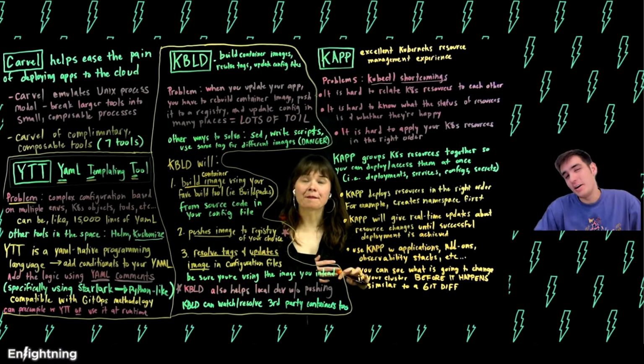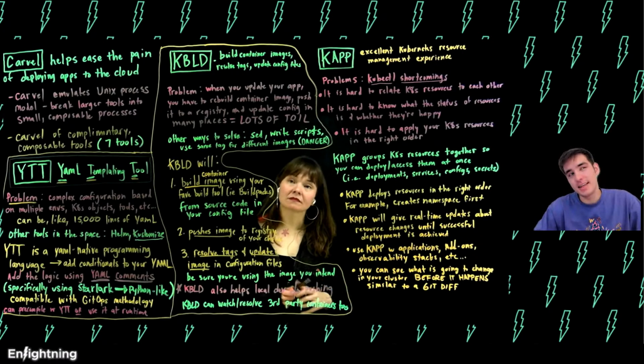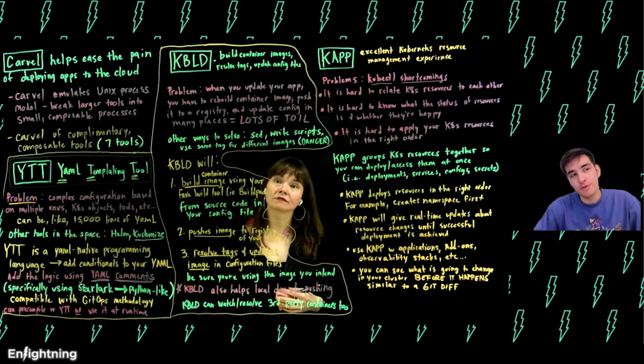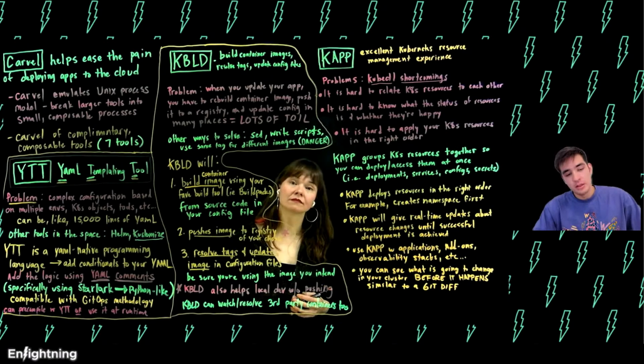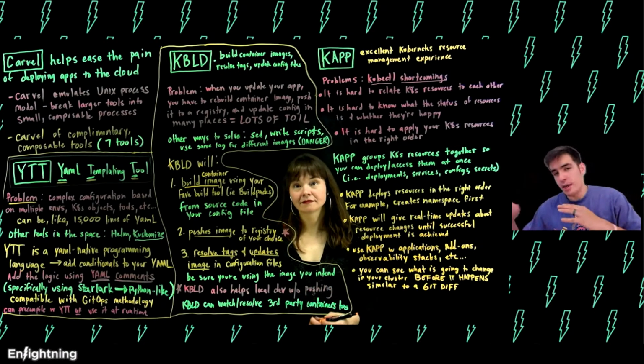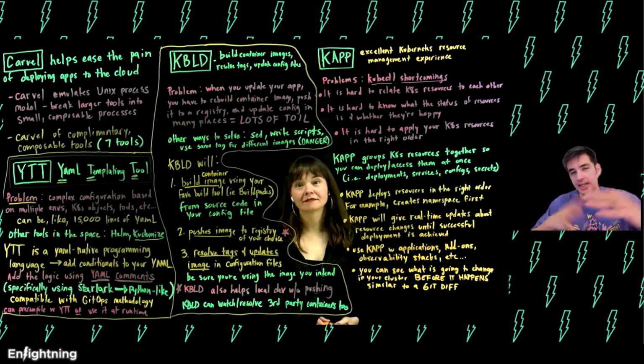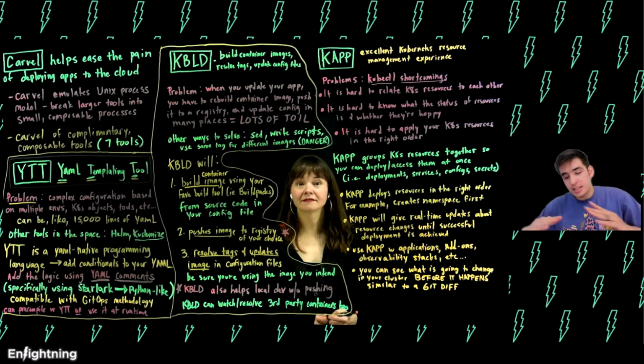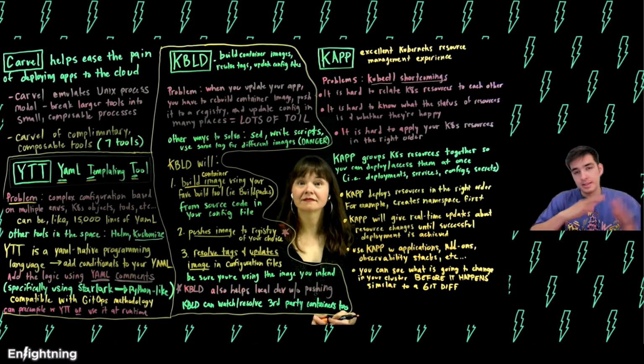Cool. One of the benefits is, if you use Argo CD or Flux, in a lot of ways they're targeting the same issues that CAP is solving, just with a very GitOps-focused workflow.